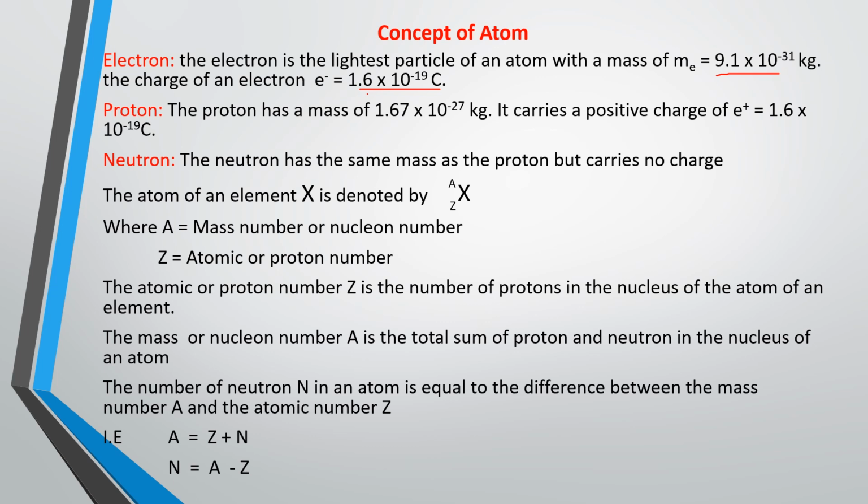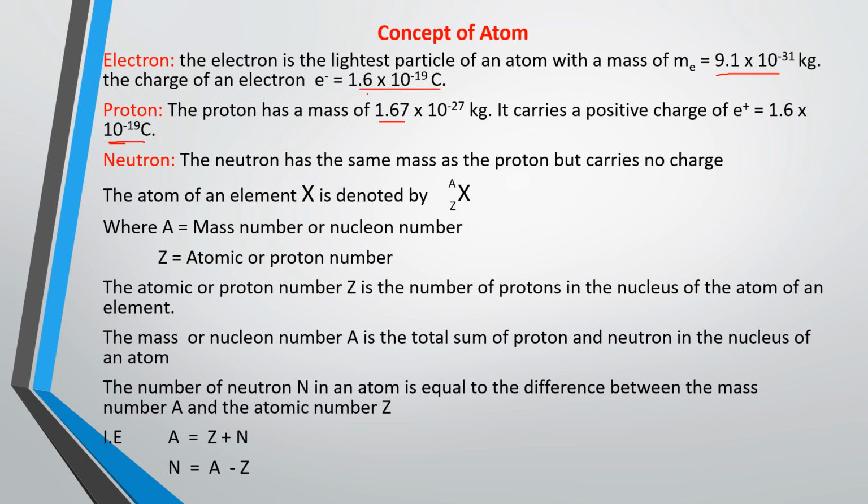Then the proton has a mass of 1.67 times 10 to the power minus 27 kg, and it carries a positive charge of 1.6 times 10 to the power minus 19 coulomb. If you look at the charge on the proton and the electron, they are equal. The quantity of charge on the electron and the proton is the same, but the only difference is that they have different signs.